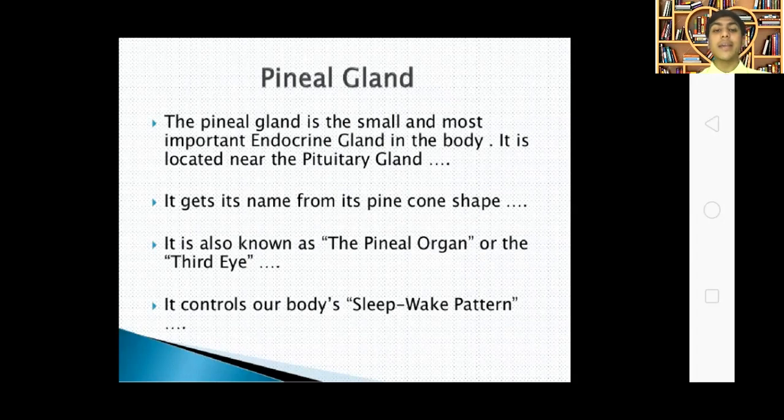It gets its name from its pine cone shape. It is also known as the pineal organ or the third eye. We say like Om, that is known as the third eye. It controls our body's sleep-wake pattern.